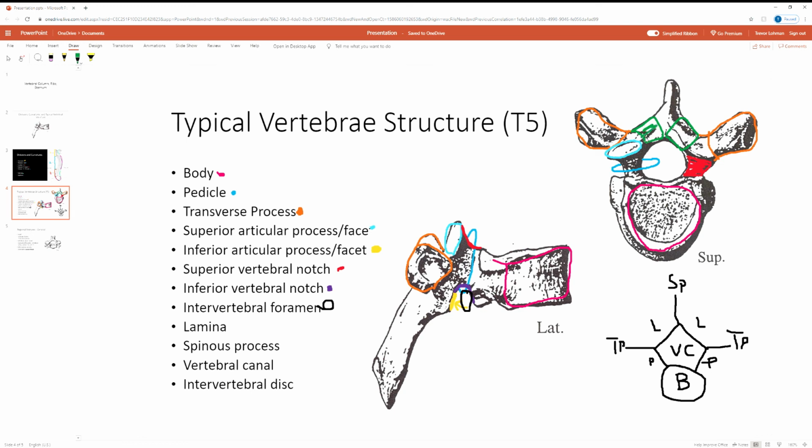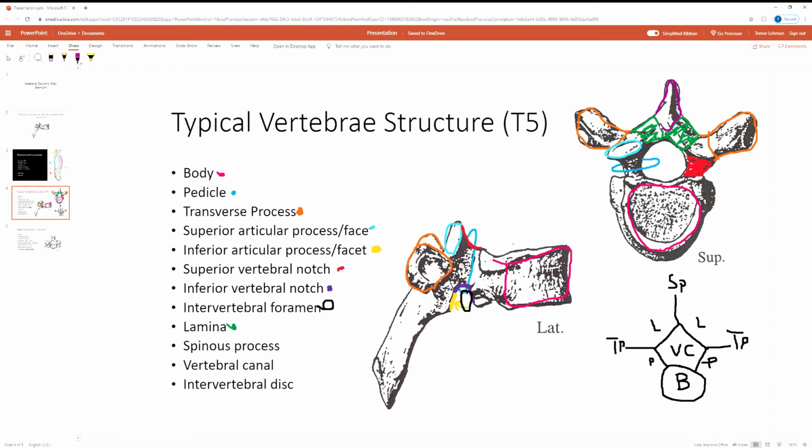So there are the lamina in green. Let's label the spinous process in purple, I guess. There it is.